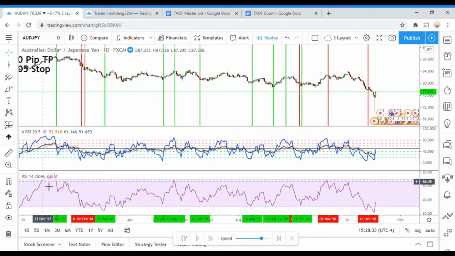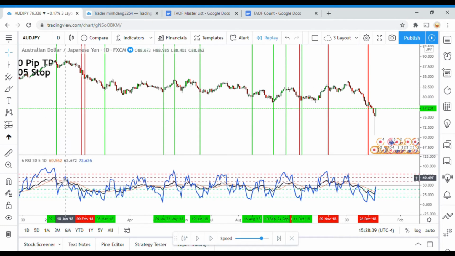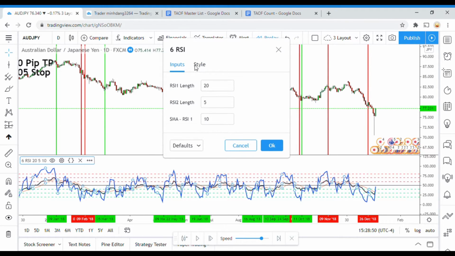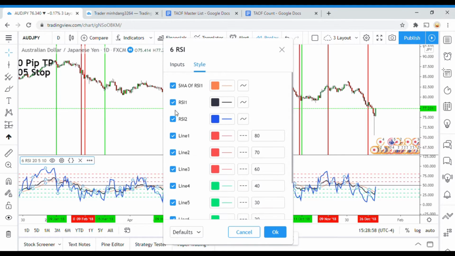the standard RSI is set on a 14 period, and like I said, the 2 RSI indicator, this particular blue line here that we're following, is set on a 2, looks like a 5, actually.